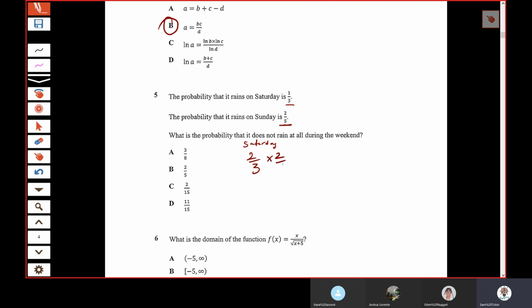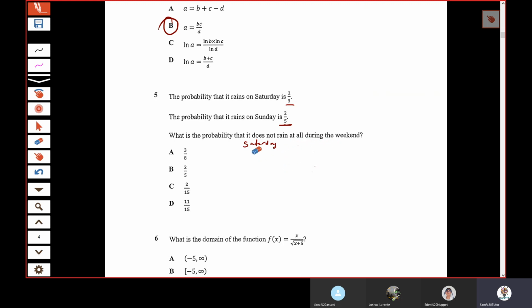So times by 2/5, which looks like it's 4/15. Oh, that's wrong. Sorry, plus Saturday and Sunday. No, hold on. And is times.